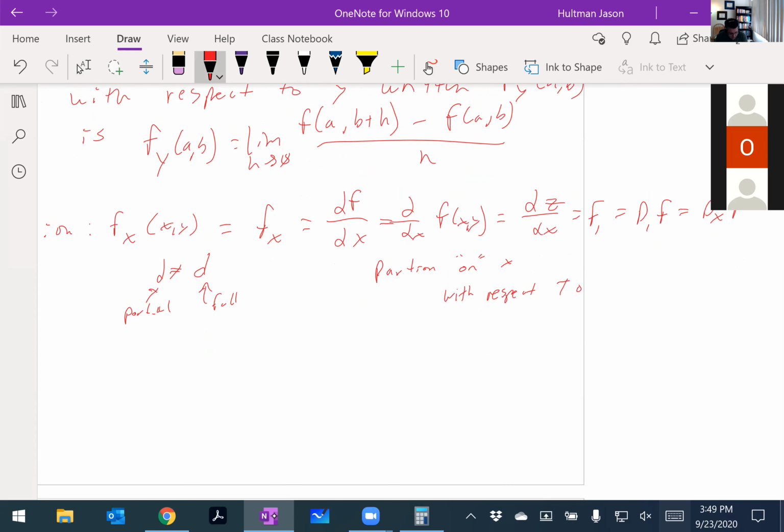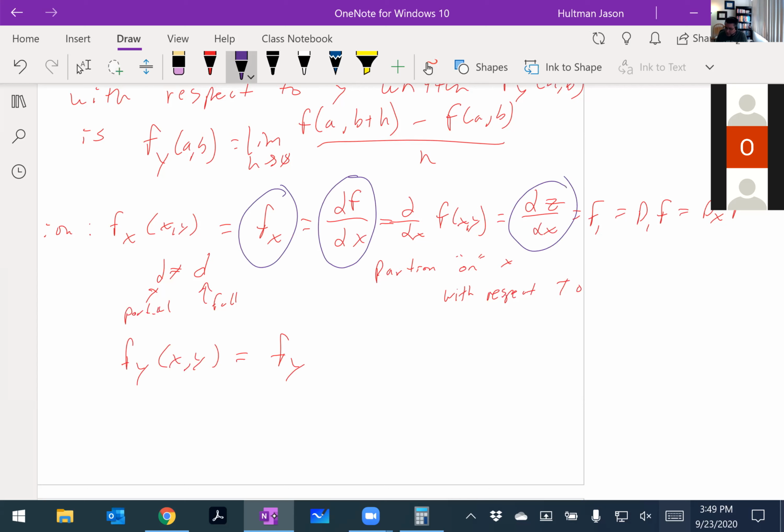Similarly, f sub y of x, y is equal to f sub y. More often than not, you're going to see this notation. Let me use a different color. You're going to see this notation, and you might see this notation. All the other ones you probably won't see.